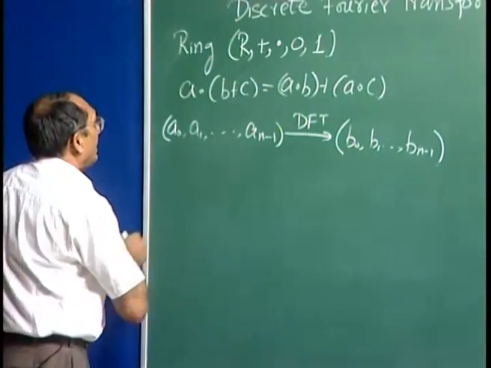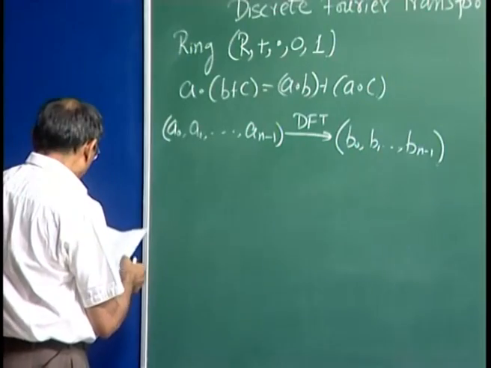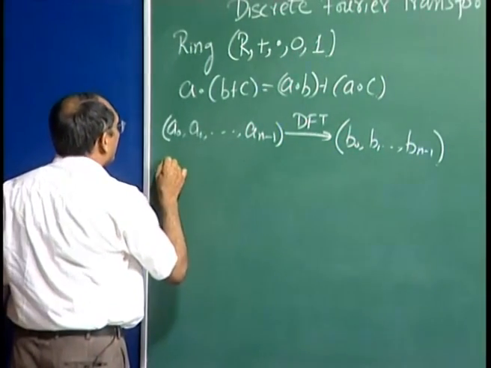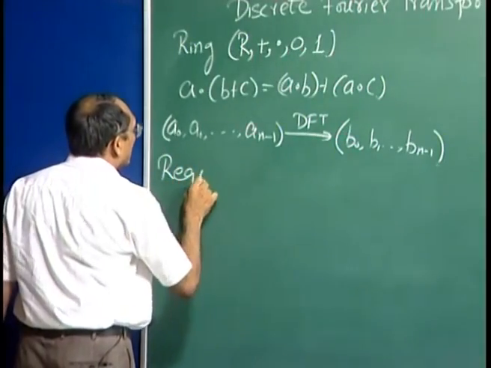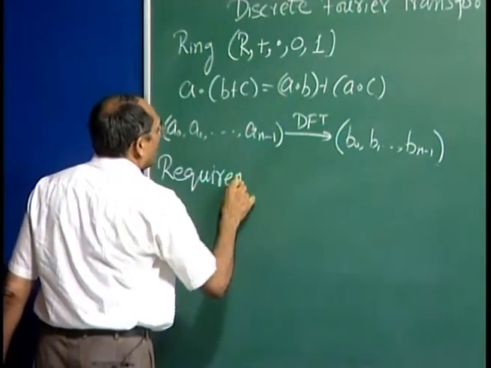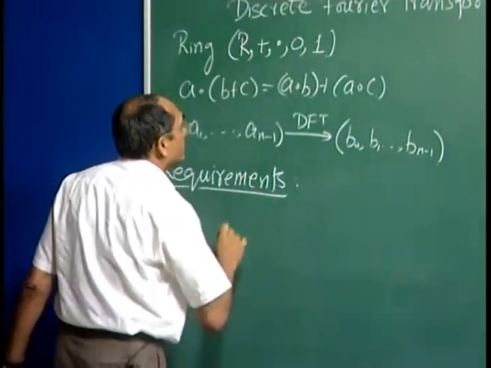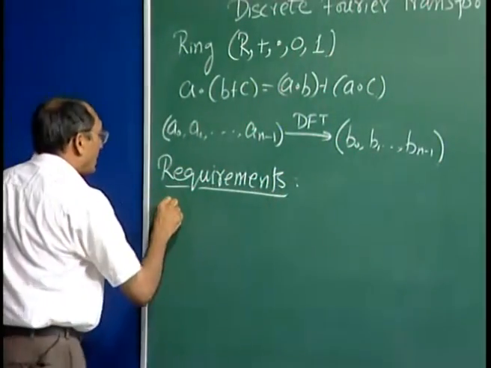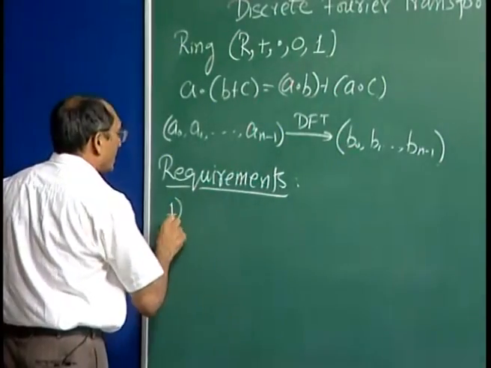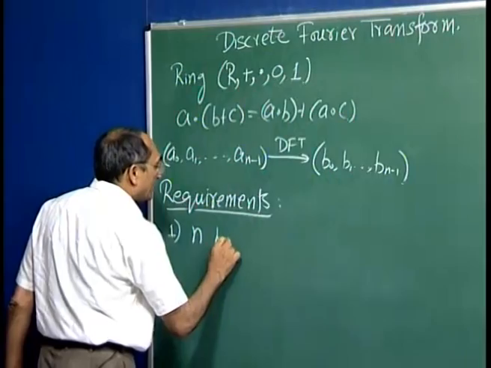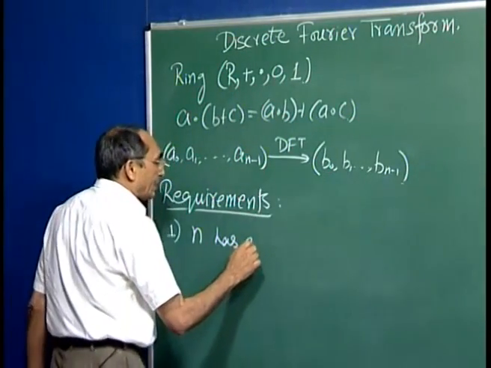So, let us try to describe the properties. We need the ring, the requirements are first that n has a multiplicative inverse.